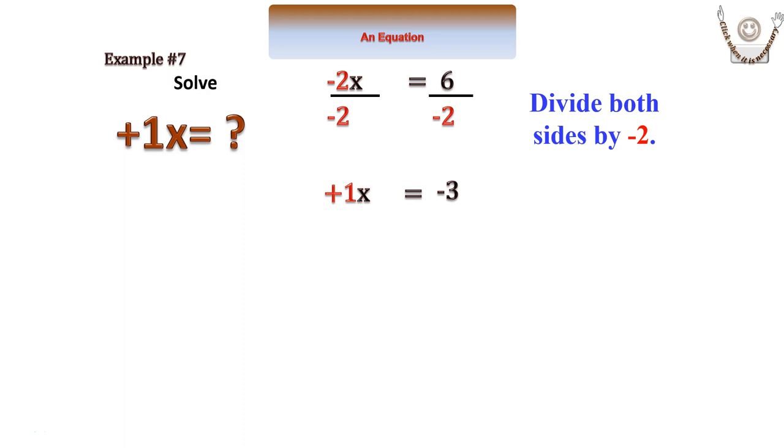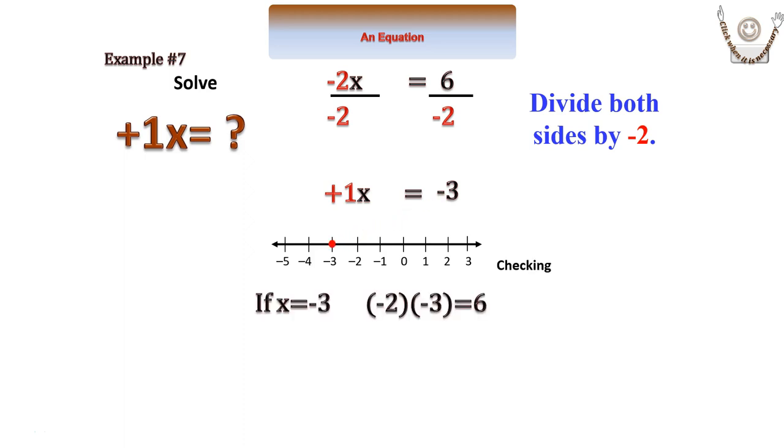Now we have our solution, and we can show the solution on the real number line, and then check if x equals negative 3, would the left side equal the right side or not. Let's replace x by negative 3, and then negative 2 times negative 3 would be positive 6. 6 equals 6, yes, x equals negative 3 is a solution.